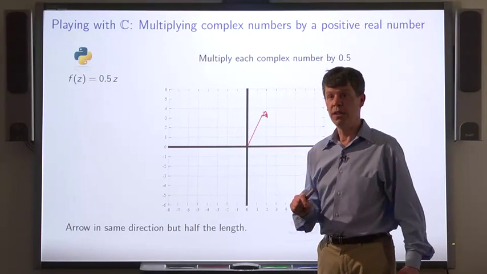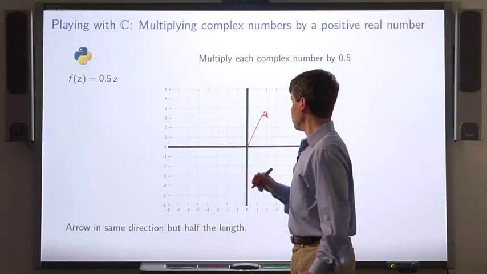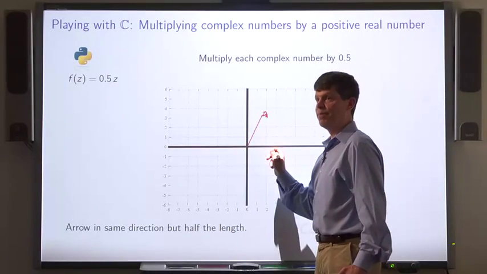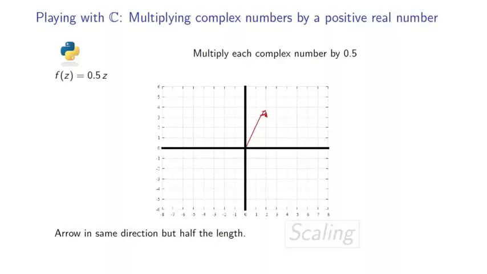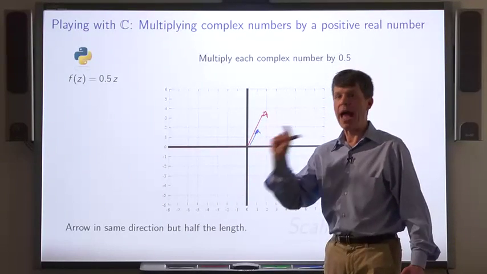As a consequence, the arrow representing that complex number goes 1 unit to the right and 2 units up. It gives you an arrow in the same direction, but half the length.